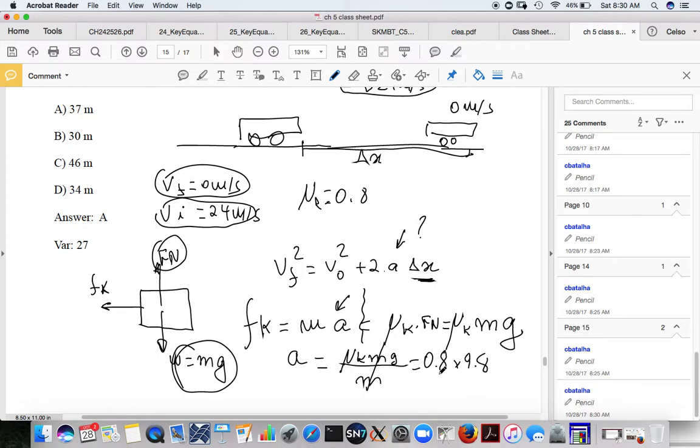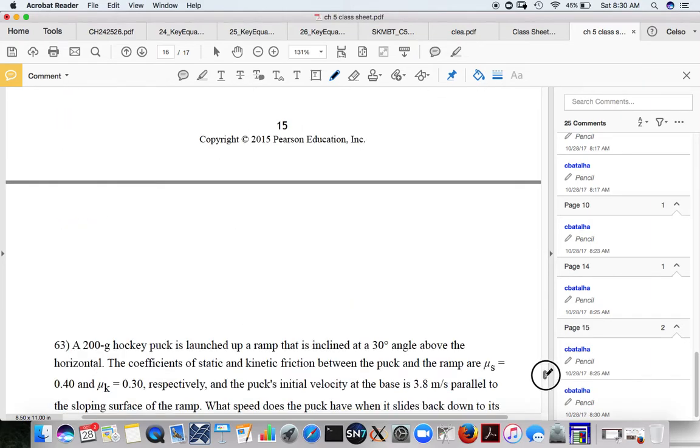So we have the acceleration, and with acceleration you can plug it in there, and then we can find how long the decelerating process occurs. Okay.